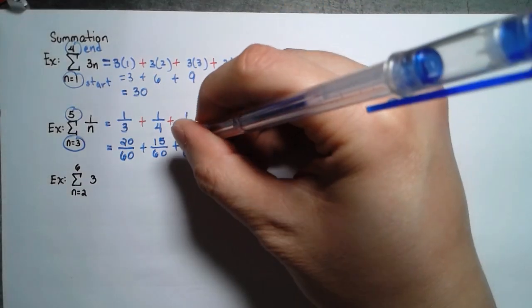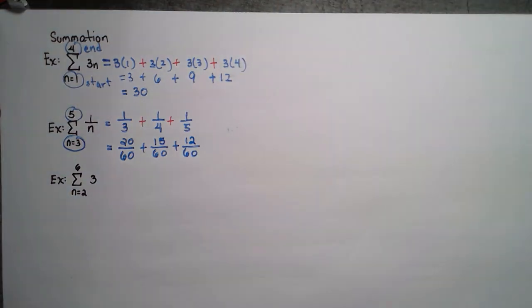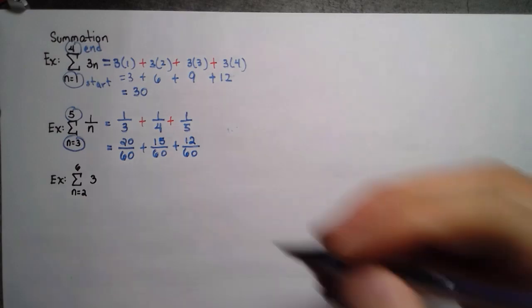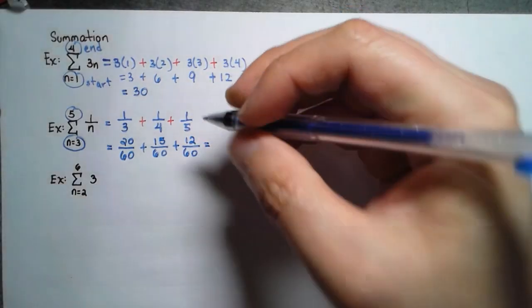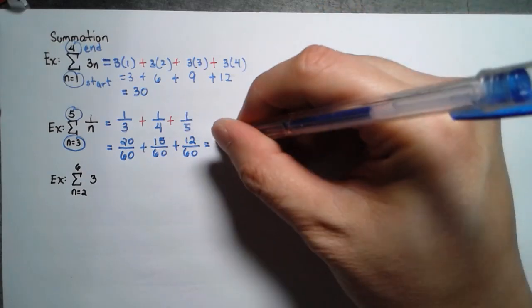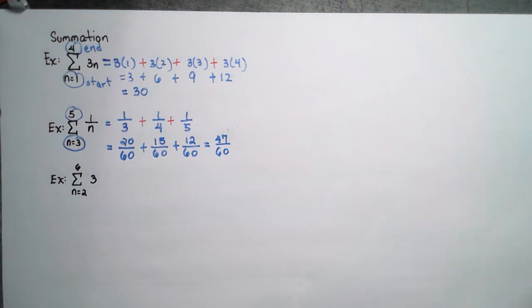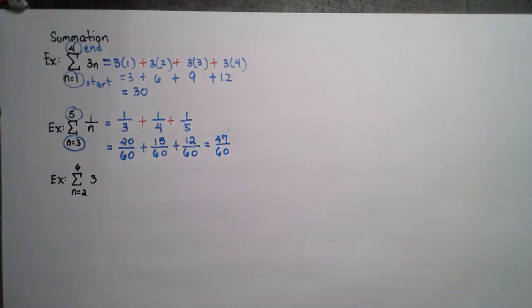And 5 times 12 would give me 60. So after finding a common denominator, all we gotta do is add. That'd be 35. 35 plus 12 will be 47. And we end up with 47 over 60. And we are done with this problem.